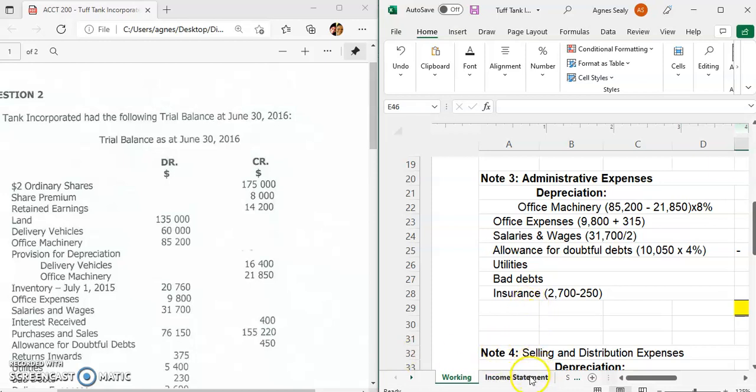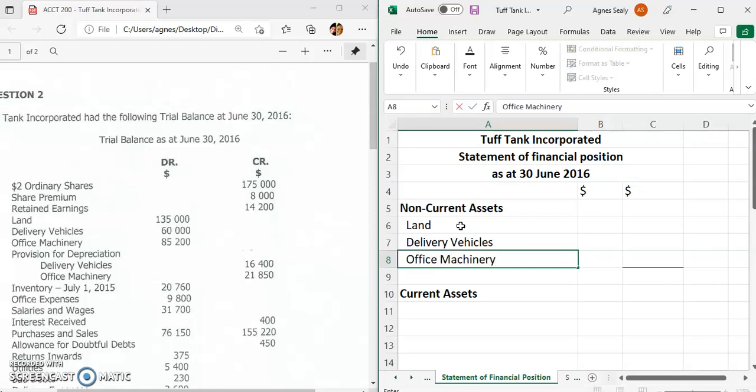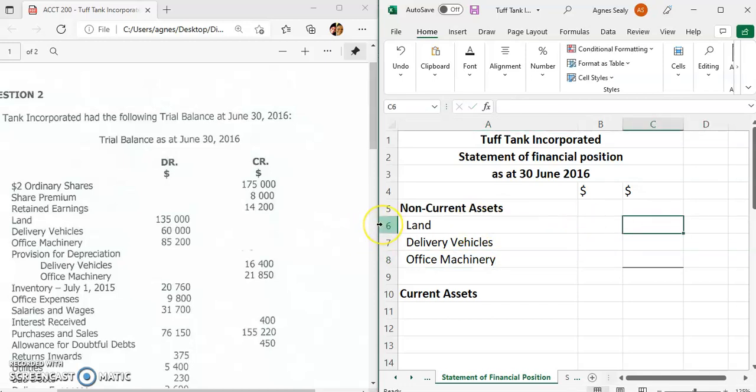So the first thing in our statement of financial position that we look at would be our non-current assets, things such as land, delivery vehicles, and office machinery. Our land does not depreciate, so we're going to put the $135,000 straight here for our land.